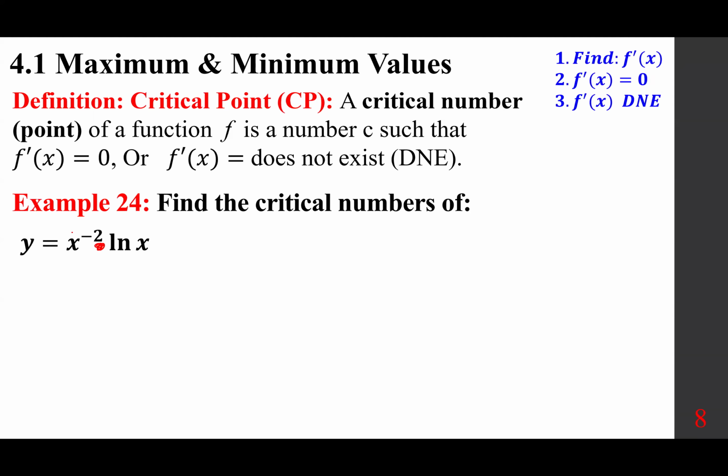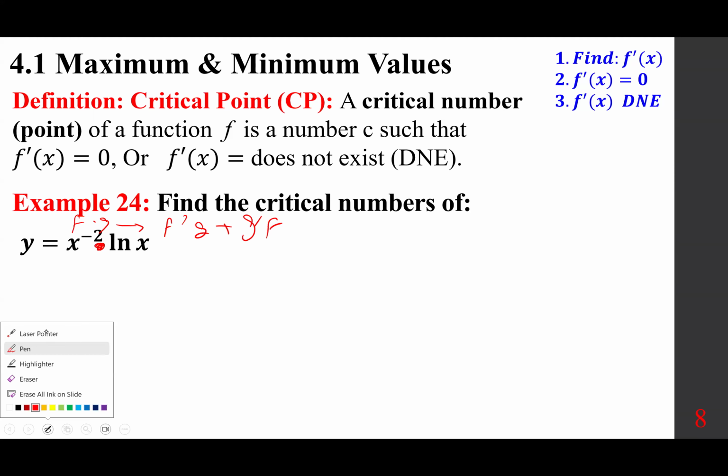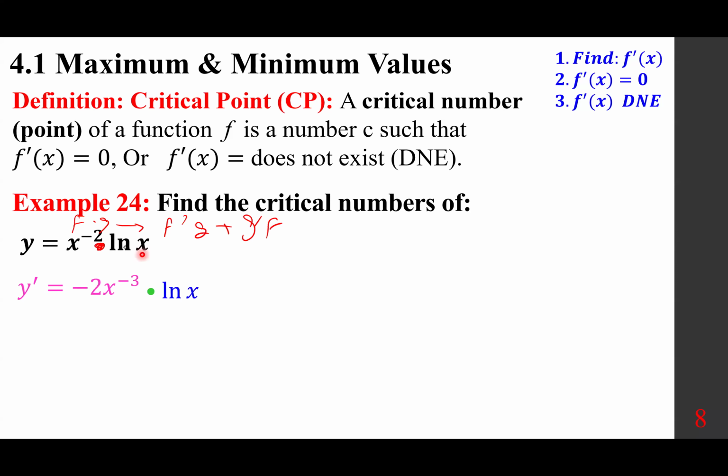For the product fg, the result is f prime g plus g prime f. So this one is negative 2x to the power of negative 3 times ln x, plus ln x differentiates to 1 over x, times x to the power minus 2.